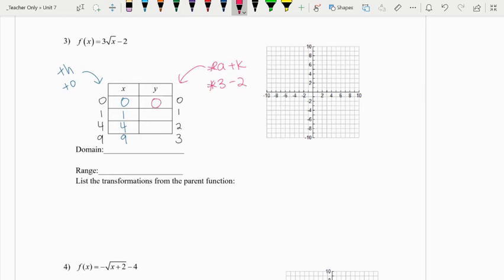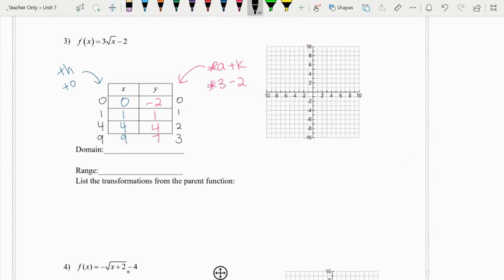So the first one gives me 0. The next one gives me, oh, let me try that again. 0 minus 2, which is negative 2. The next one gives me 1, and then 4, and then 7. So we can go ahead and plot these.